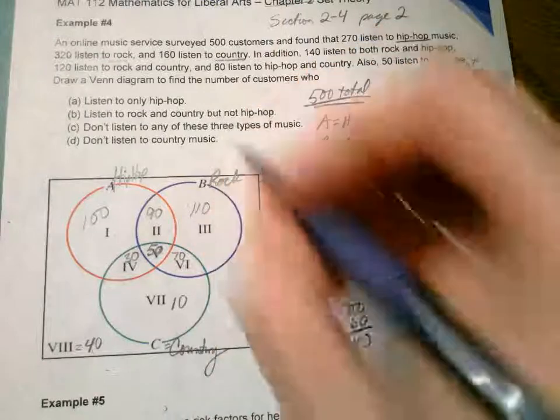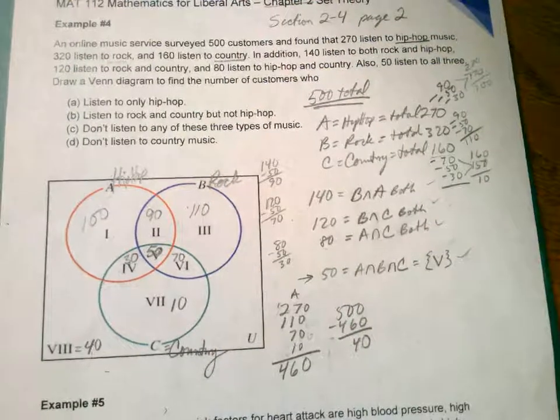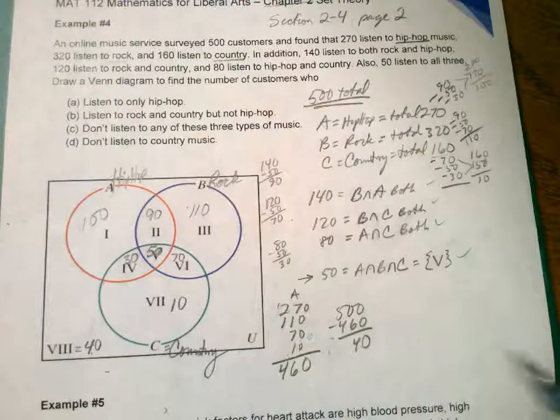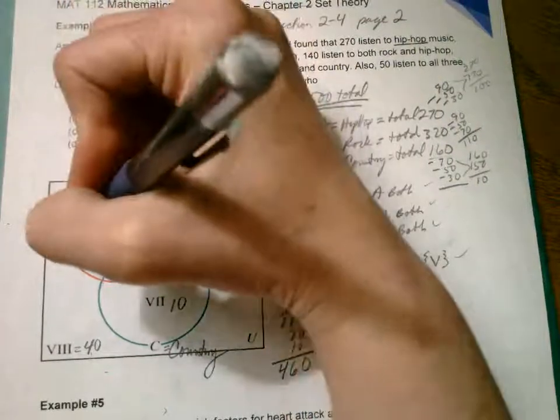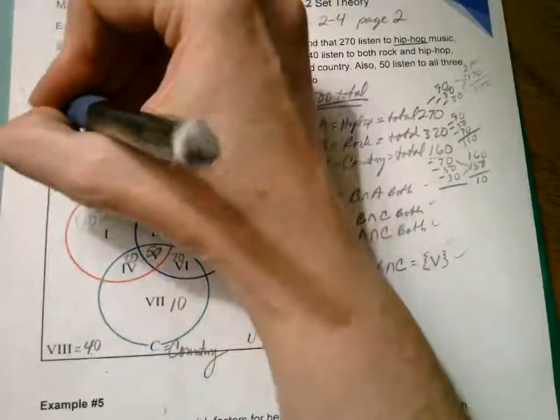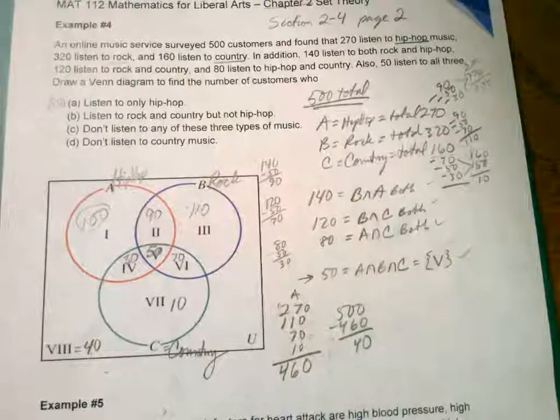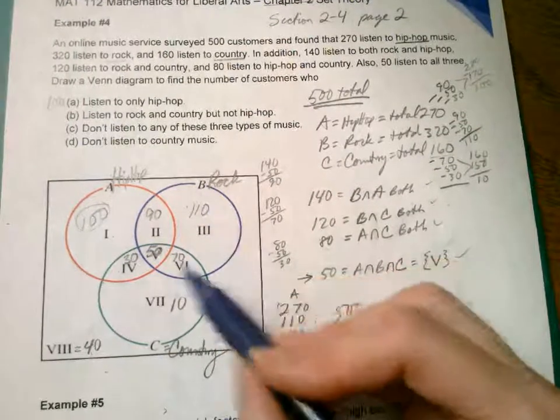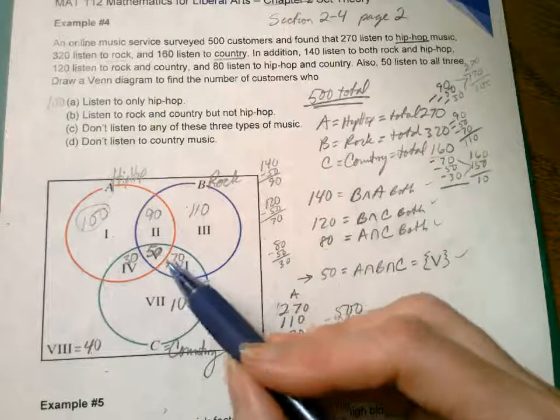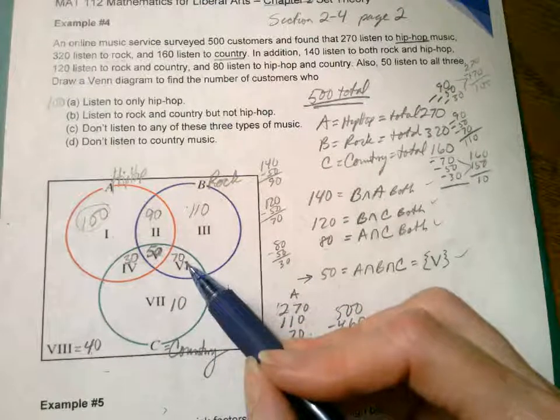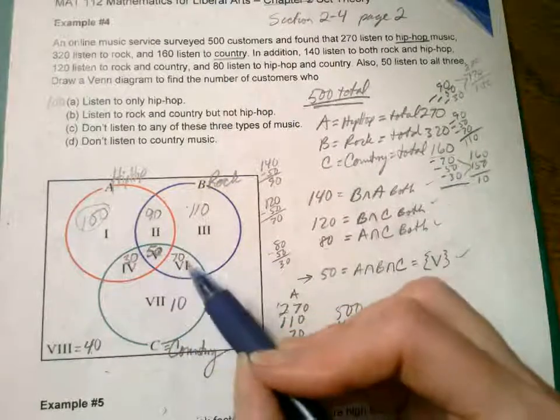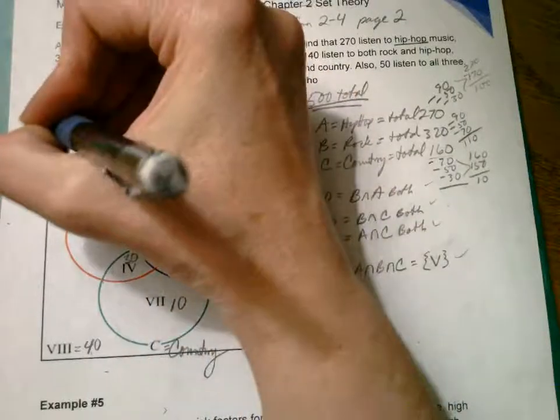All right. Let's see. What were the questions? Listen to only hip hop. That's right here. So that's 100. Listen to rock and country, but not hip hop. That's right there. That's 70.